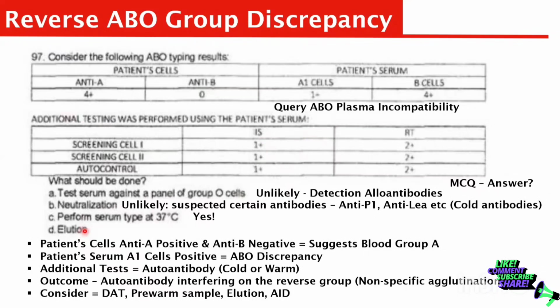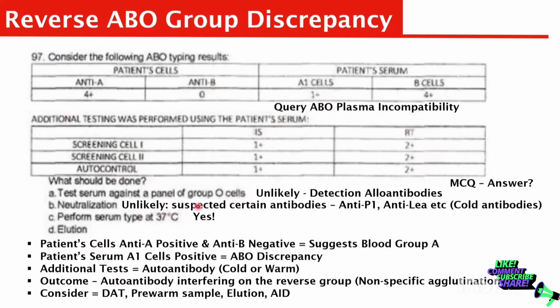So this one is saying perform a serum type at 37. What it means is that if we suspect that this is a cold autoantibody, and because this autoantibody seems to be stronger at room temperature, maybe if you perform a serum type at 37, where you have warmed the serum at 37, then repeat it, maybe that can clear this.